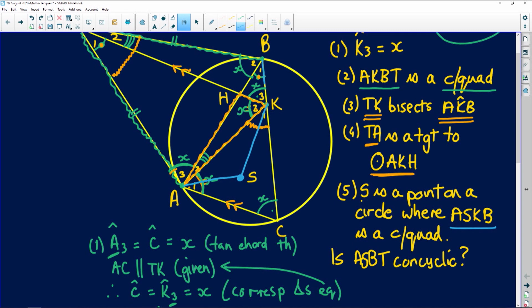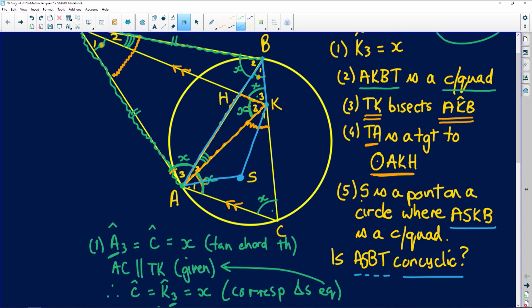ASKB is the figure that we're talking about, that blue figure. Now they say that is a cyclic quad.